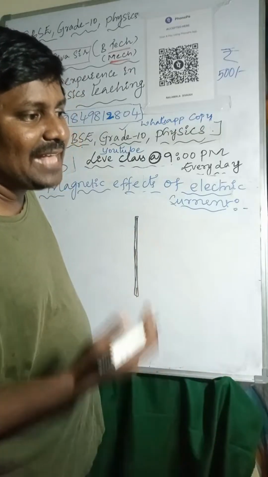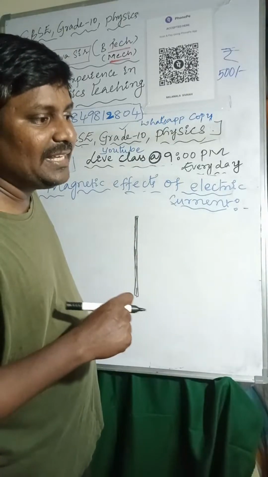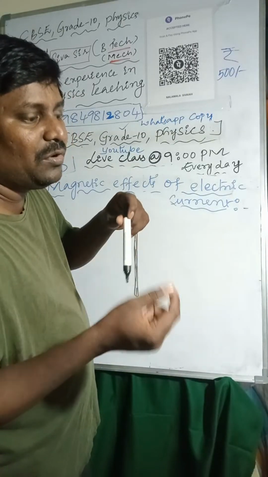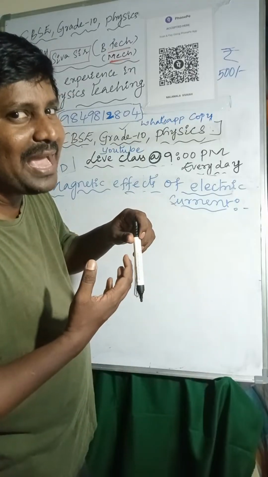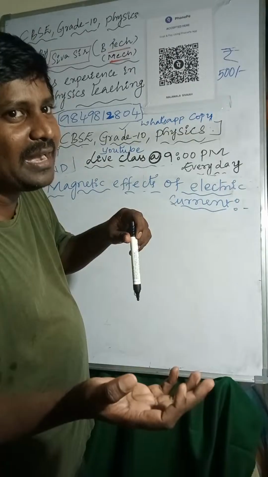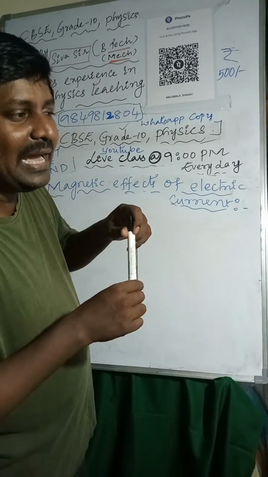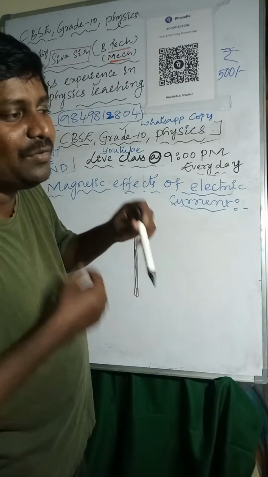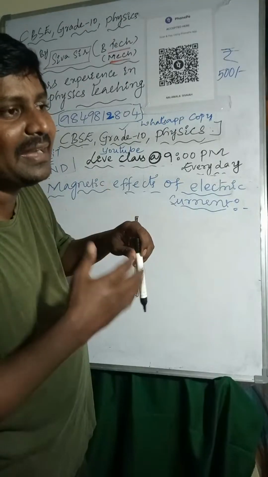In 6th class, 7th class, 8th class, we did one experiment: taking an iron nail, winding copper wire around it, and connecting it to the battery. Current passes through it and it acts as a magnet. That is called an electromagnet.